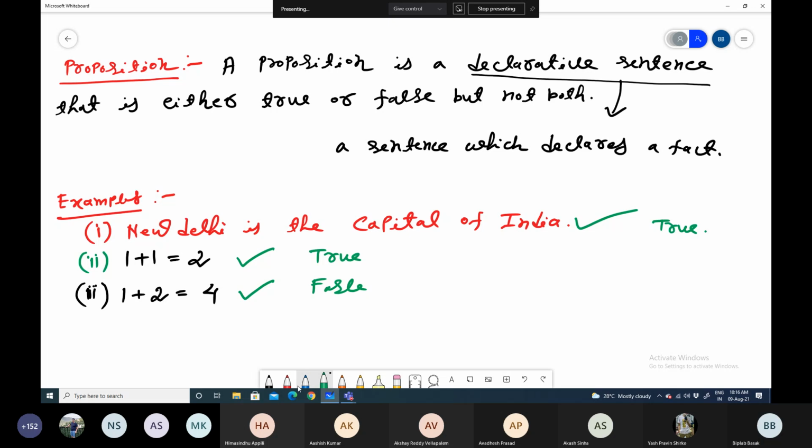Now if I write, what time is it? Is this a proposition? No, because it is not declaring any fact. This is just a question, so this is not a proposition.